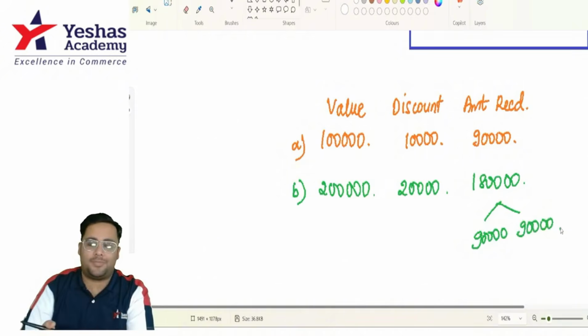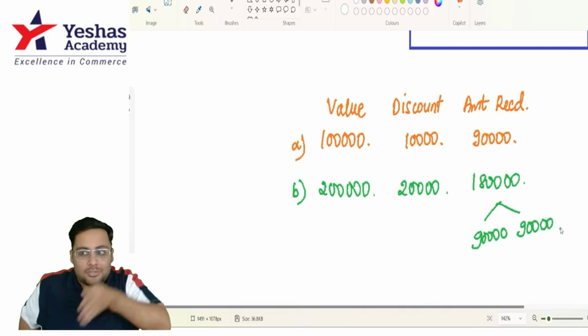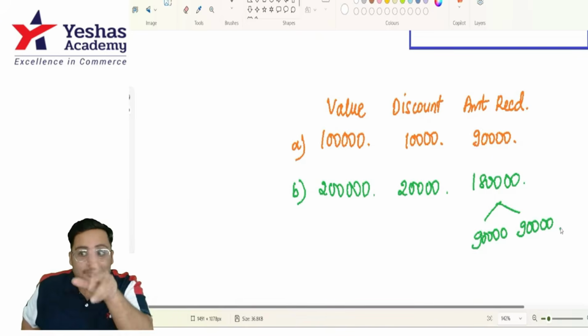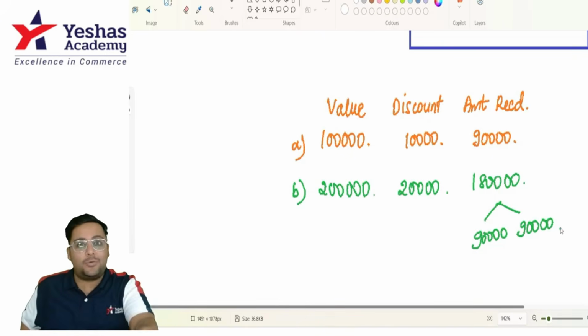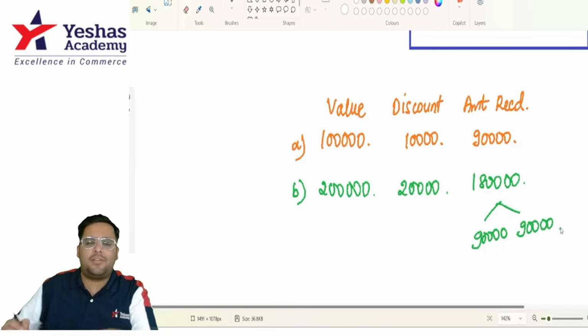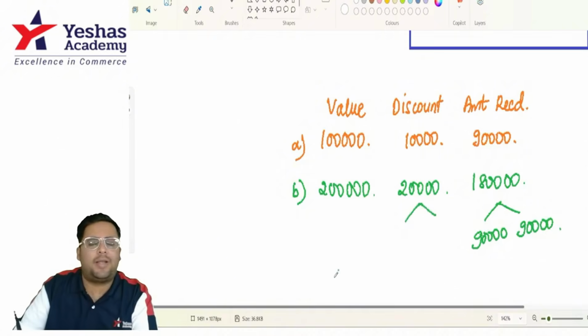Both of us got a loan. Now on the maturity date, who will repay how much money? Will Dhanush sir go and repay 2 lakh? No. Will student go and repay 2 lakh? No. That amount of 2 lakh has been shared by both the parties, teacher and student. How much will they go repay? 90,000? No sir, 90,000 is after the discount. How much was the discount? 20,000.